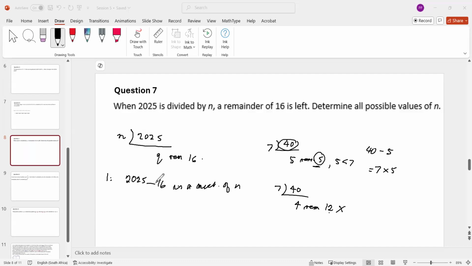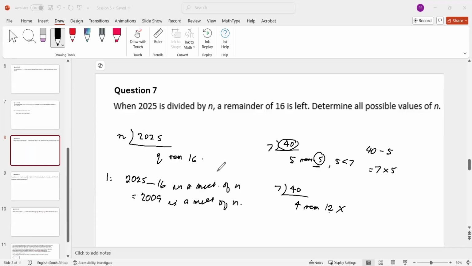And this you can calculate. This is 2009. So now you know that 2009 is a multiple of n. Okay, so we're getting there. What are the possible values of n?